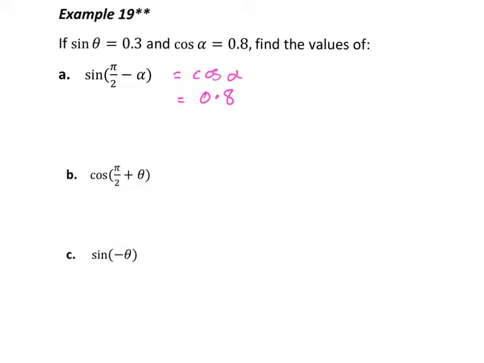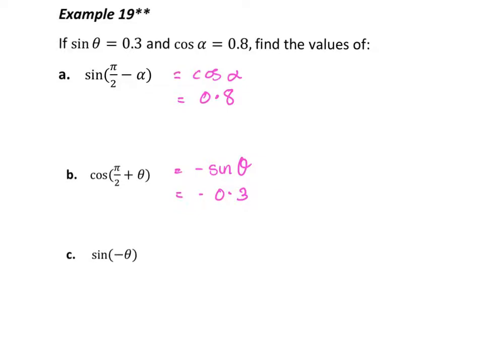The next one, cos of pi on 2 plus theta. That's where we move the triangle right around into the second quadrant, and so that gives you minus sine theta, and we know that sine of theta is 0.3, so that must be negative 0.3.